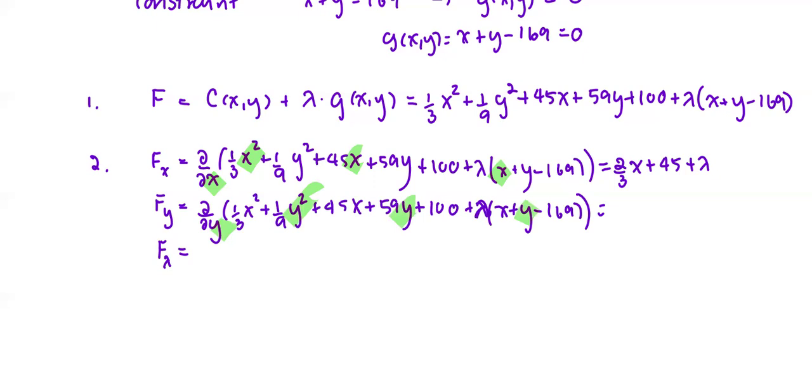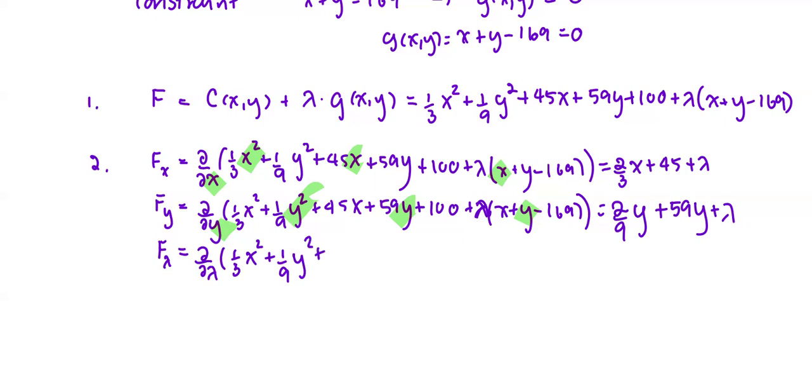The first order partial derivative with respect to y is 2/9 times y plus 59 plus lambda. And the last one, we find the partial derivative with respect to lambda, which technically turns out to be the g(x,y) function, or the constraint function.